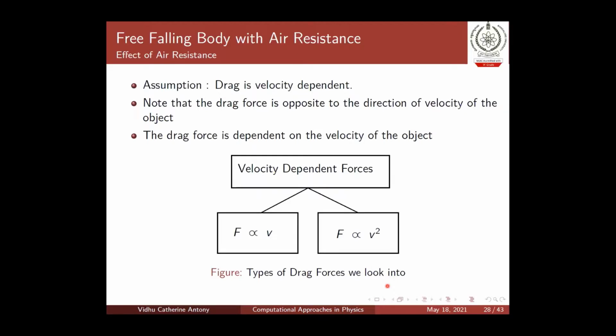You also have a drag force which is proportional to the velocity squared. The ODE that you get from here is going to be a little bit more complicated, but this is something that you can solve. Probably it would be homework for you to solve the exact solution, not using Euler's method, which I will let you know in the future.